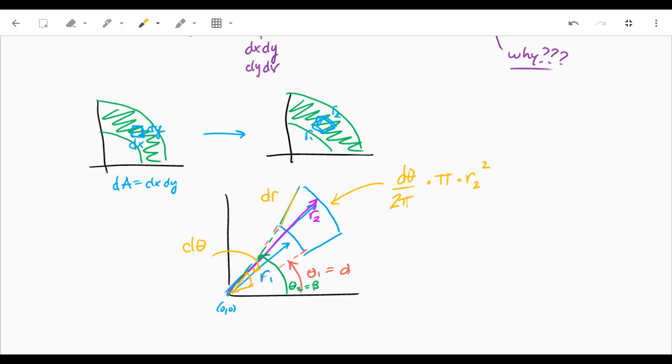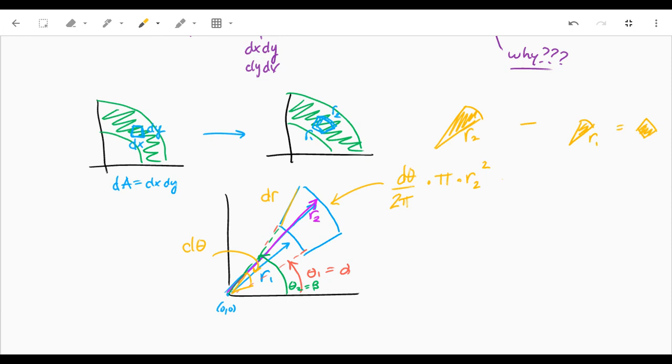That's how you find the area of a sector of a circle. And that would give us that bigger pie piece out to R2. Okay, and then if we subtract out that smaller pie piece that only goes out to R1, then we'd have our little wedge that we want.